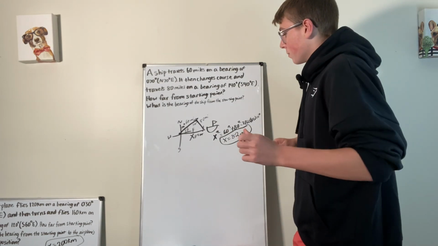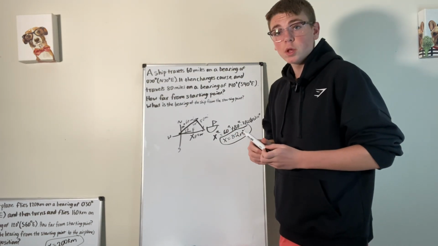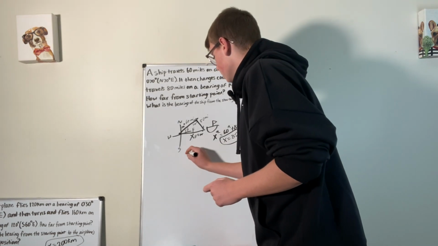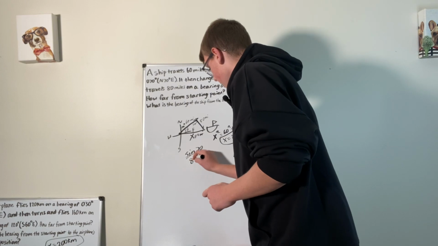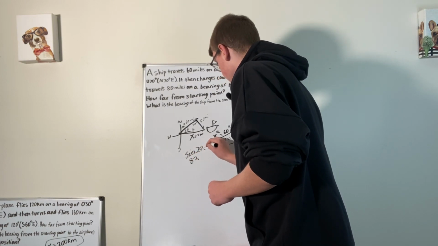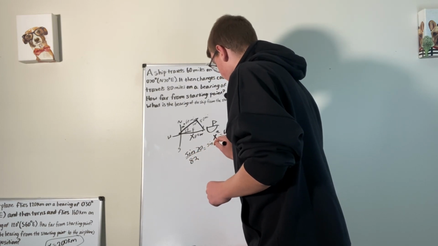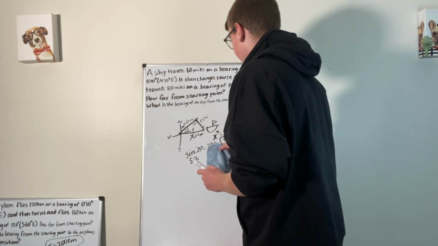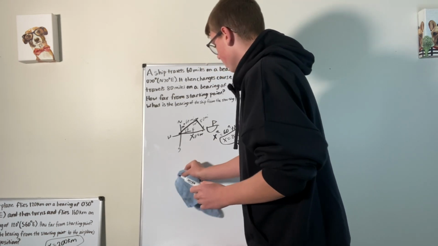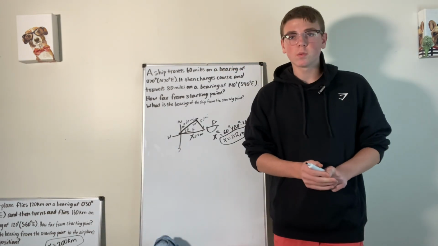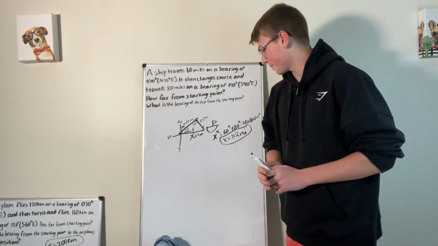Okay, so to find theta, we can do the law of sines. So sine 70 over 82 equals sine theta. Wait, never mind. I actually just remembered something. When you're doing the law of sines, you first want to find the smallest angle you can.